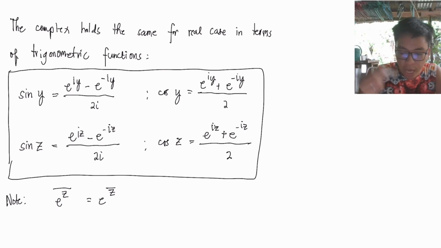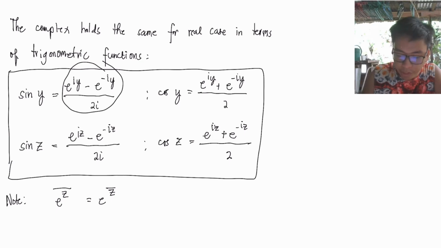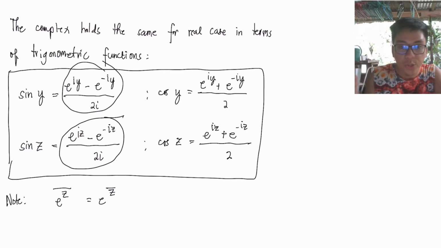If you notice, you have sine y in this form, and you also have cosine y. Instead of using y, you use z, then that will also hold here. We also have to take note that e to the z bar, the conjugate of e to the z, is the same as e to the conjugate of z.